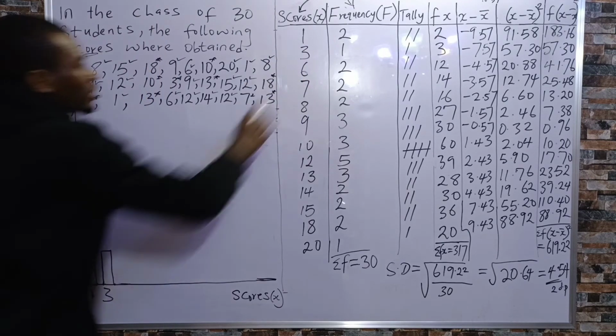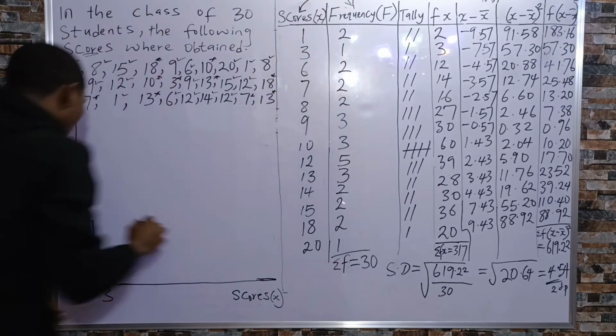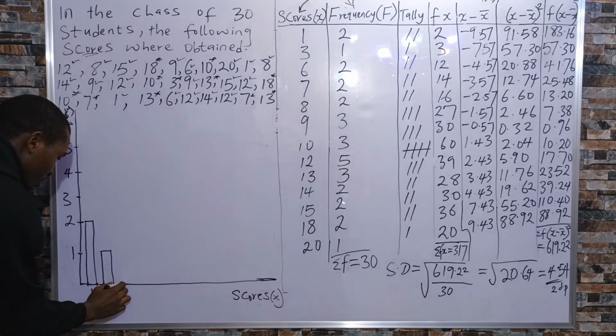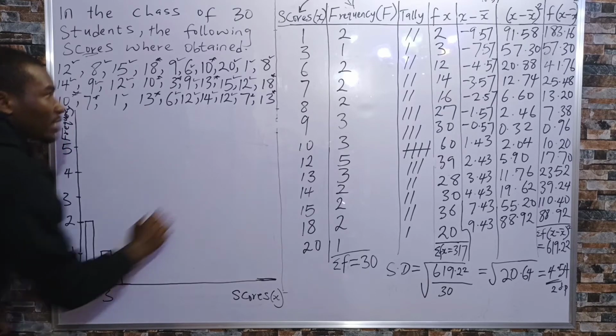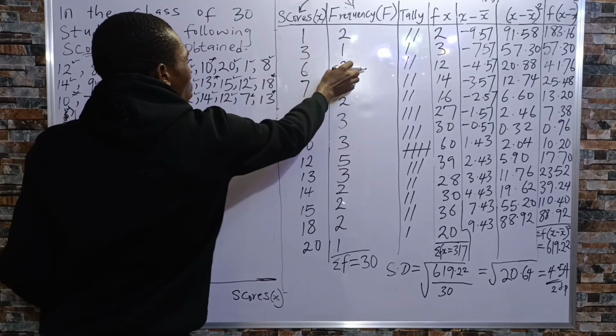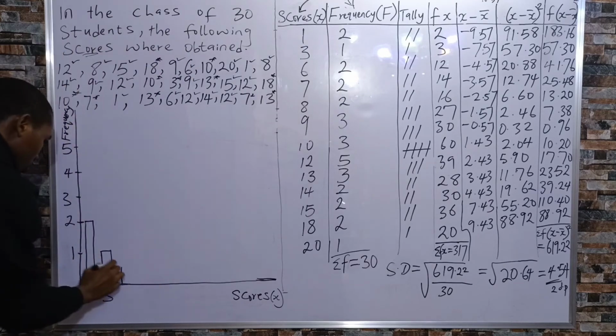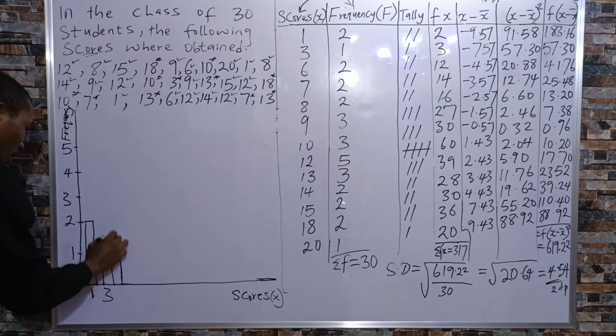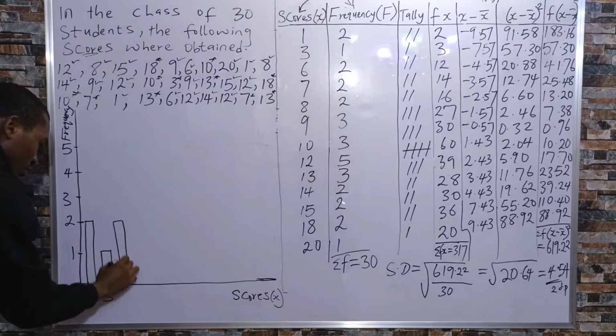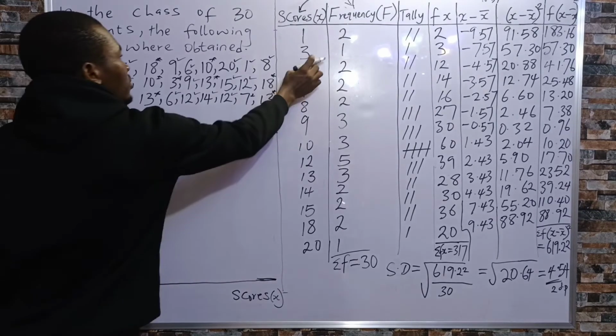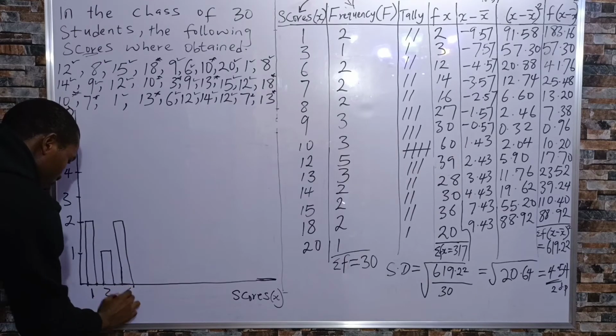Then for the next frequency, which is 2, I will jump another 1 centimeter and then draw another rectangular bar that will stop at the same frequency of 2. So it will go up and stop at the frequency of 2, maintaining the same width. Then it will come down. Then I will call it my 6.